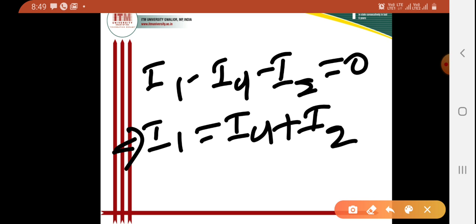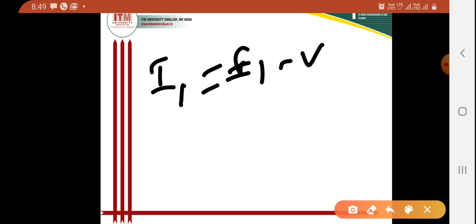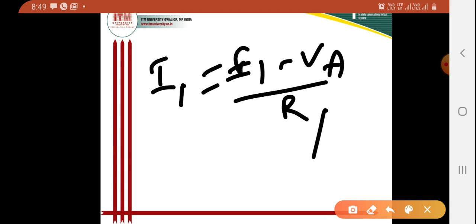Now what is I1? I1 is E1 minus VA by R1. Can I write or not? Similarly, I can write for I2. See the figure, you can understand, I am writing according to the figure.